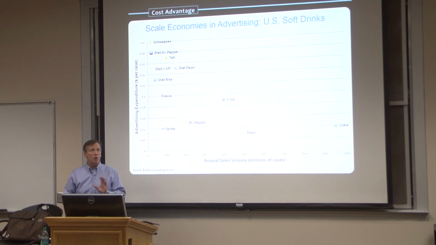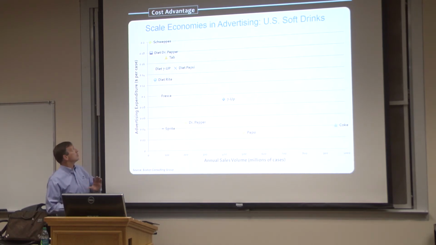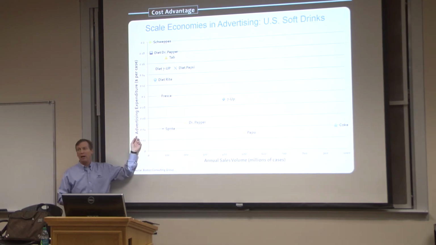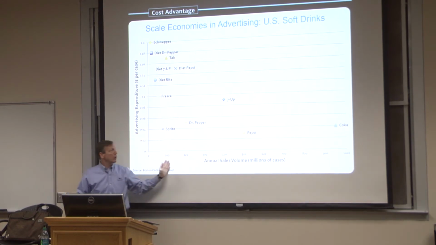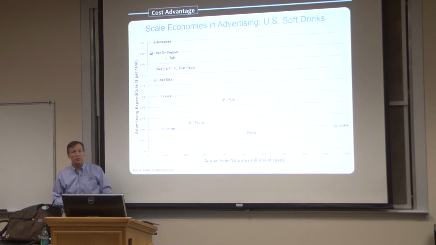I just wanted to note that you can actually do this for specific kinds of costs in a company. You could do it for advertising, for marketing, or let's see how it works for research and development. We could pick a variety of different costs and look at how the cost per case of soft drinks sold goes down as we increase the annual sales volume of cases.